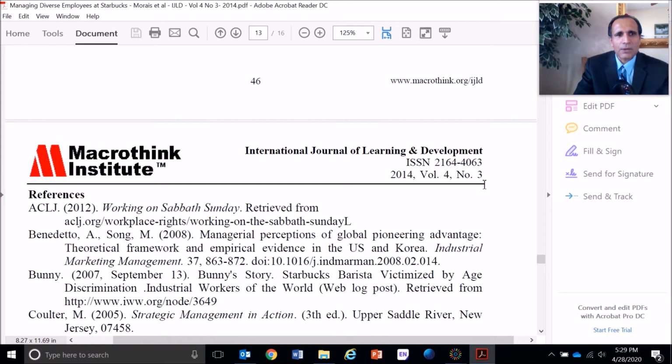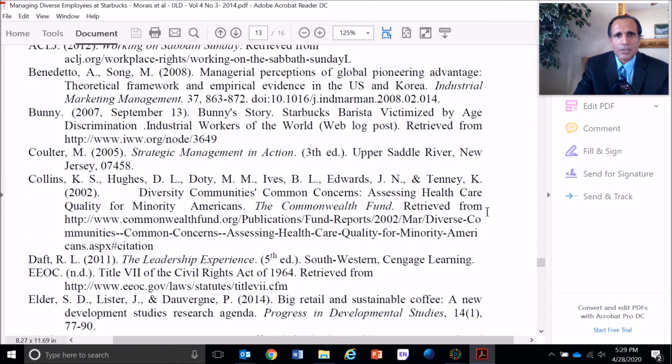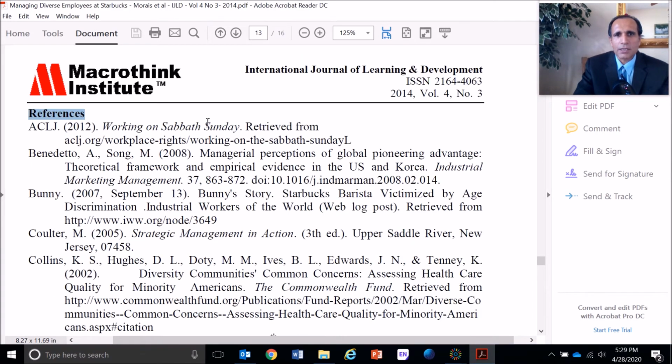And finally, we see the subheading of references here. So you see the references start, and we list them alphabetically. So you see the first reference from 2012 starts with A. And then the second reference starts with Benedetto from 2008.